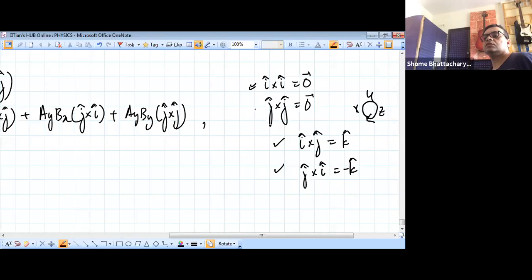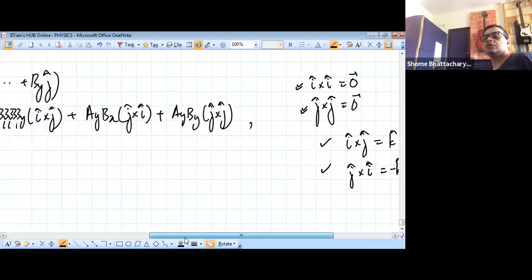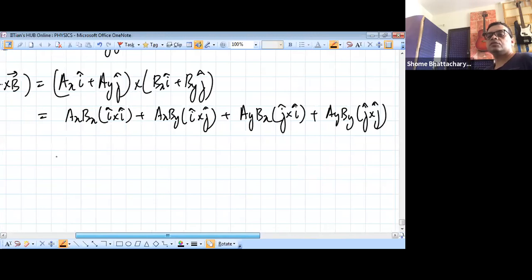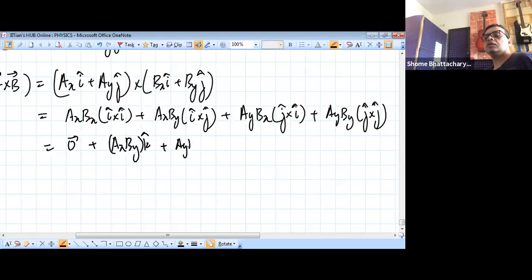We know this since they are parallel vectors. So use that over here now. So in this, we use this fact that this term will become 0. This term will become Ax By k cap. This third term will become Ay Bx minus k cap because j cross i is minus k. The fourth term will again become 0. So taking k cap common, we will get Ax By minus Ay Bx.